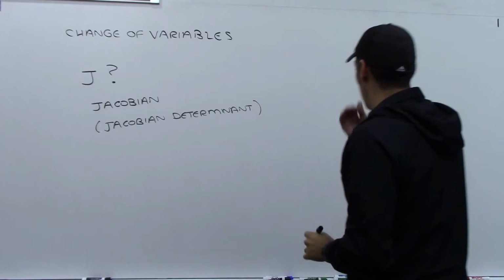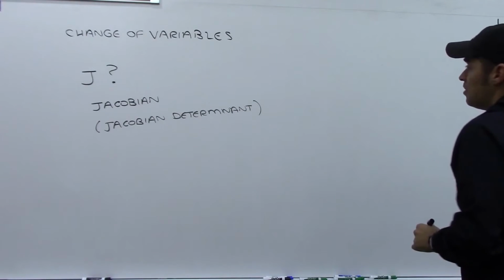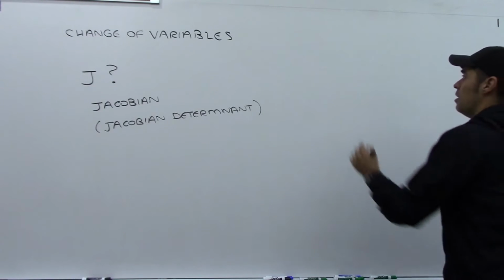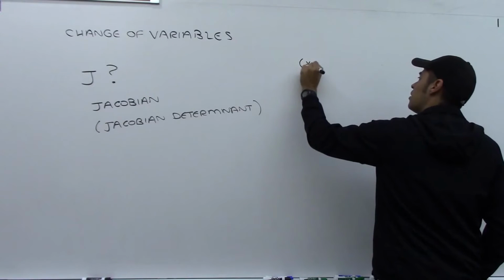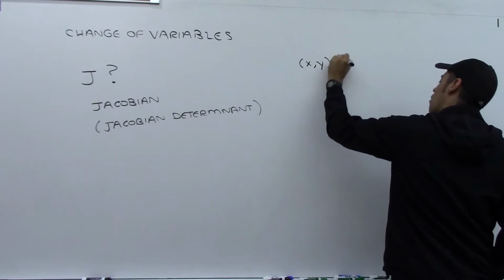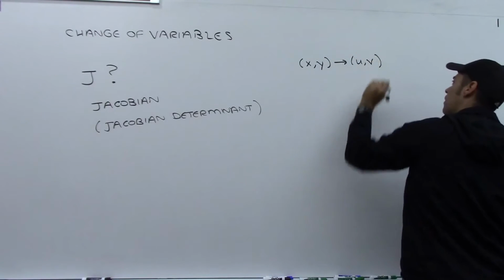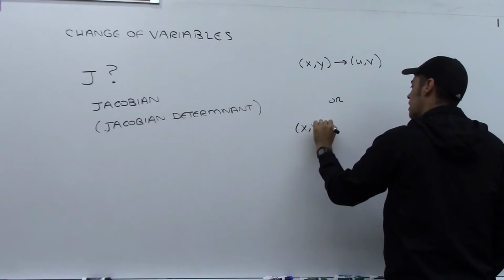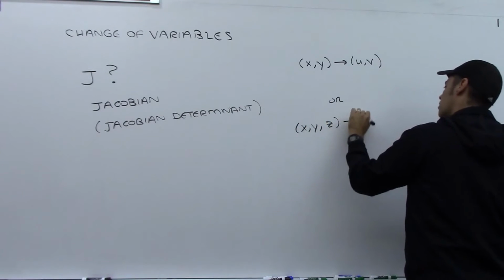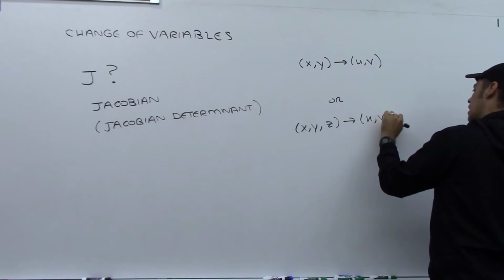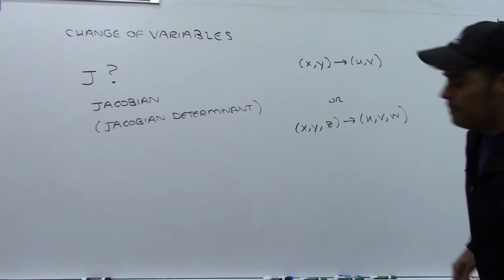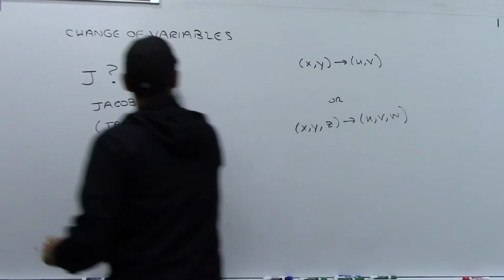And here's how it works. Since we're only going to be working with double and triple integrals, we're going to have one of two scenarios. We're either going to be changing x and y over to u and v, or if it's a triple integral, we're going to change x, y, z over to, let's say, u, v, w. So I'm going to look at each of these cases. Let's try the first case.